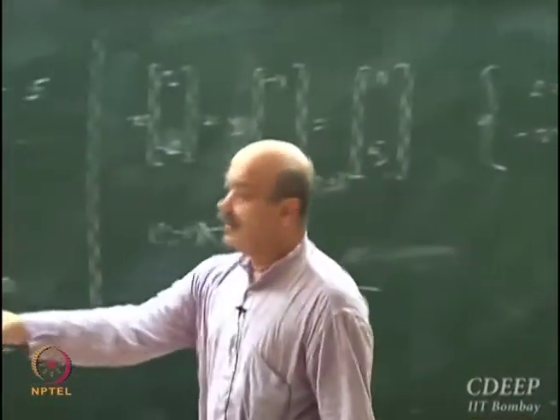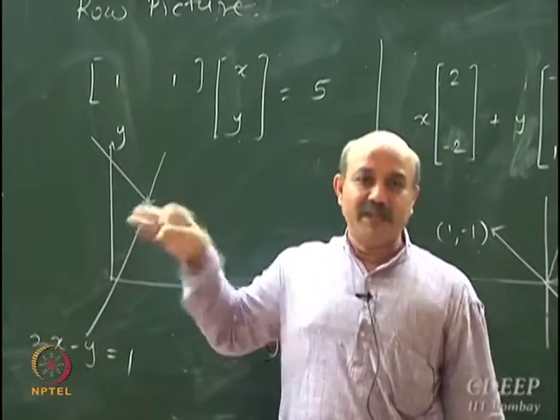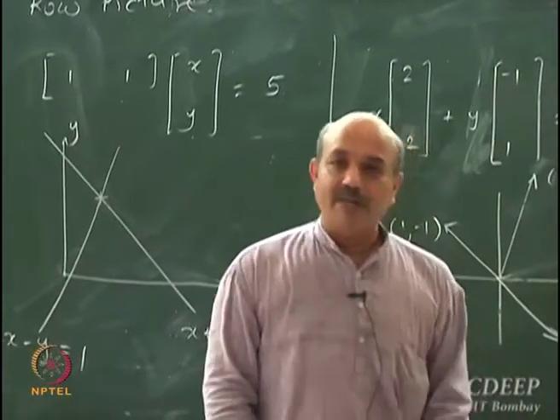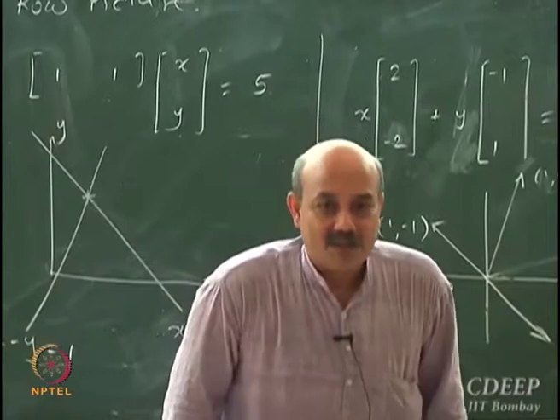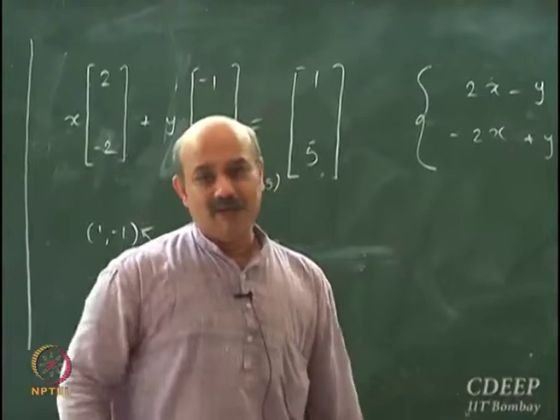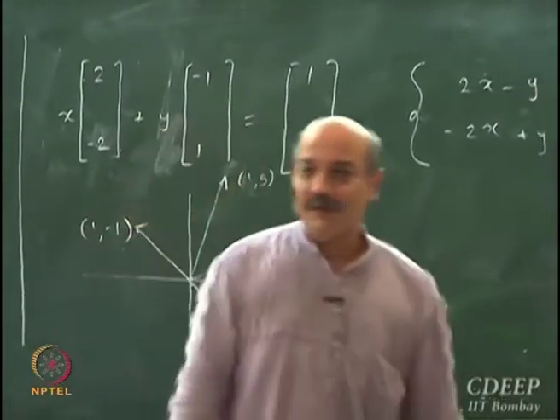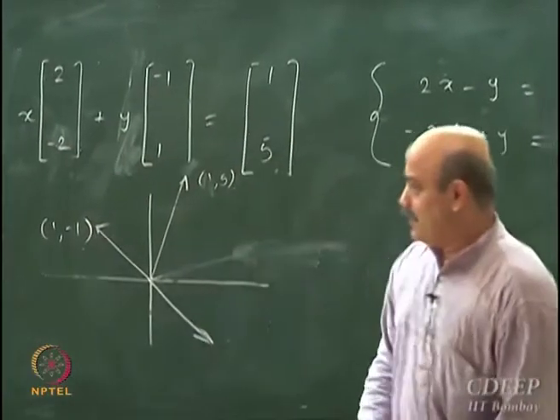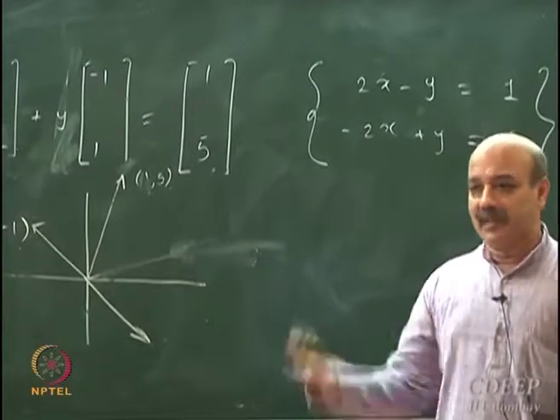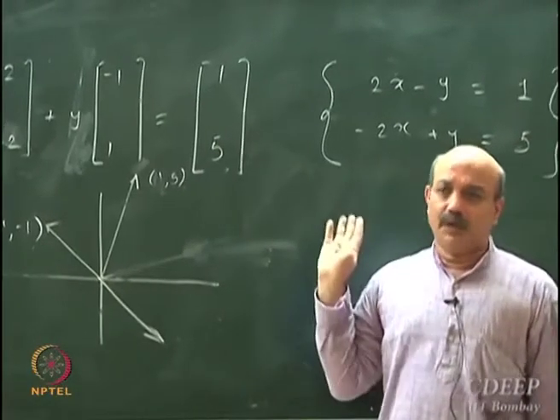So actually a line is a one dimensional hyperplane in two dimensional space, a plane is a two dimensional hyperplane in three dimensional space, and in four dimensional space there will be a three dimensional hyperplane and so on, and those three dimensional hyperplanes should meet. Well, it is difficult to visualize how three dimensional planes meet at one point, but it is easier to look at the column picture and talk about linear combinations of columns in n dimensional spaces, okay. So we will not get beyond a certain point here.